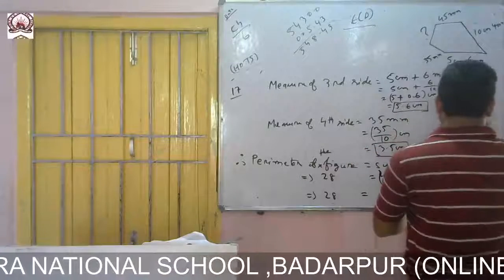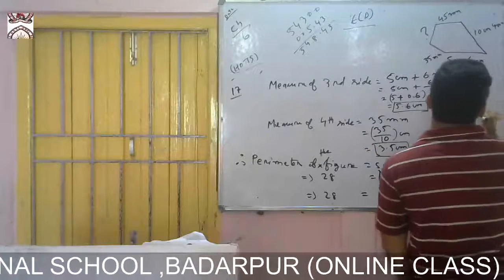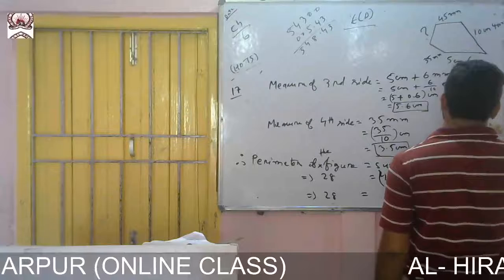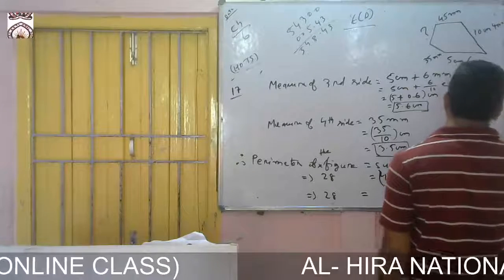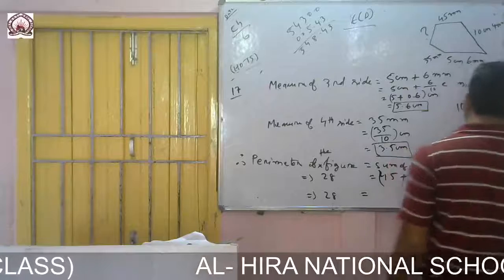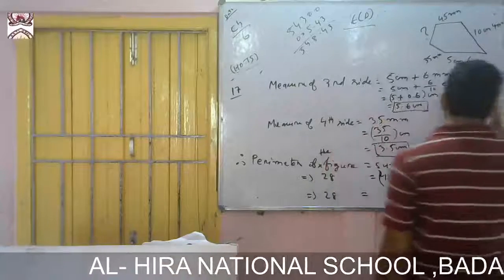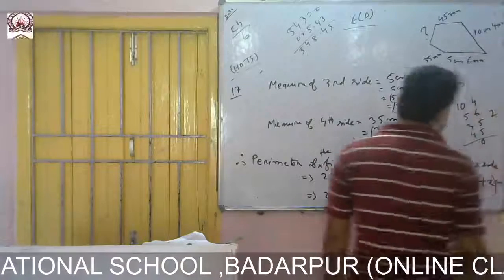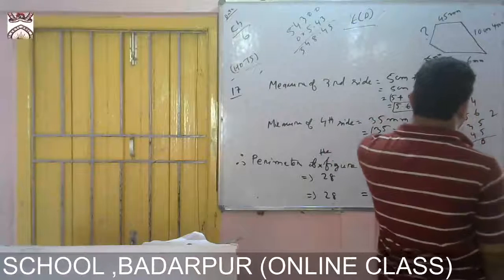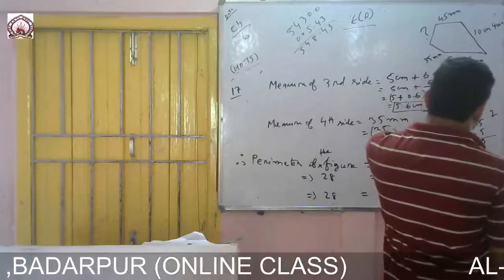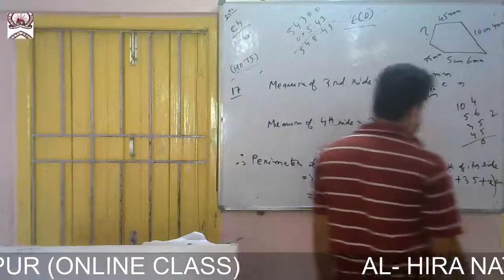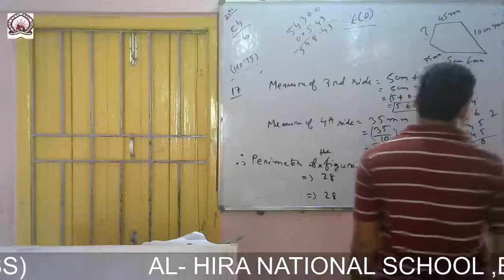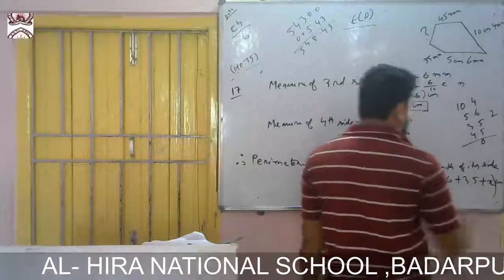First 10.4 plus 5.6 plus 3.5 plus 4.5. If I add, 6 plus 4 is 10, 5 plus 5 is 10, 10 plus 10 is 20, and remain 2. Then 5 plus 3, 4 plus 7, 10 plus 5 is 15, 3 plus 2 is 5, so 15, 20, 24.